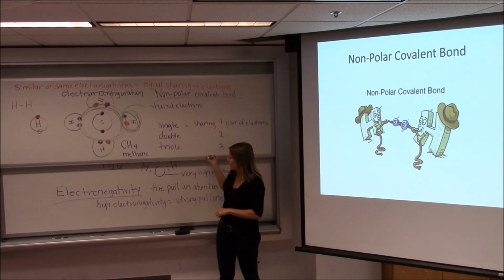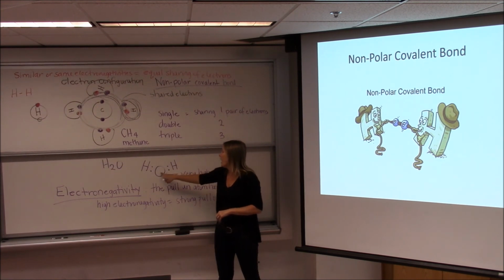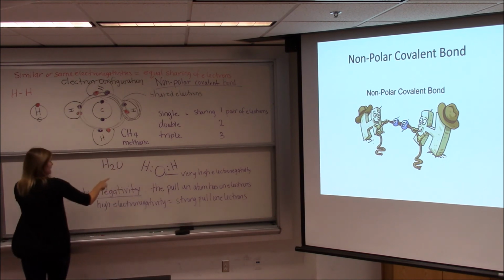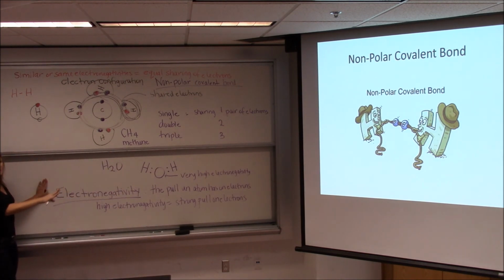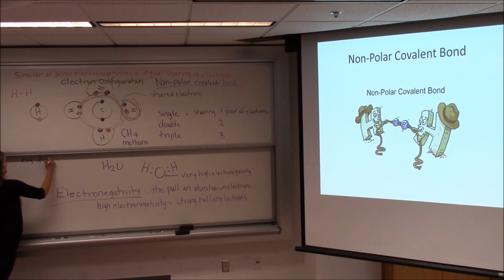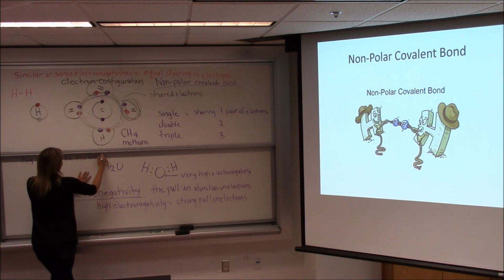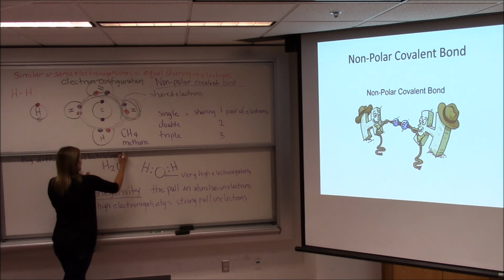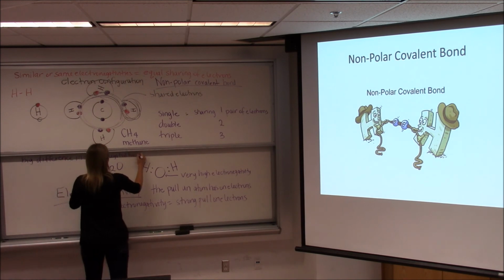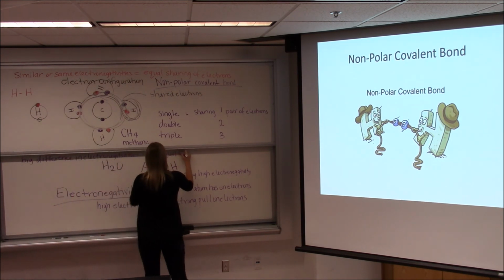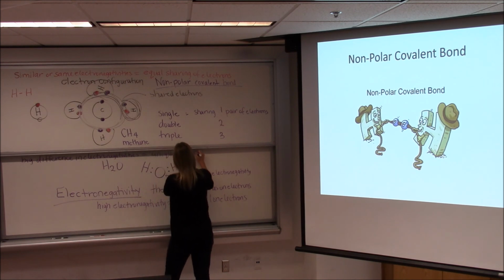Water, on the other hand, oxygen and hydrogen are not sharing equally. And that's because there's a big difference in electronegativity between those two atoms. So big difference in electronegativities, unequal sharing of electrons.